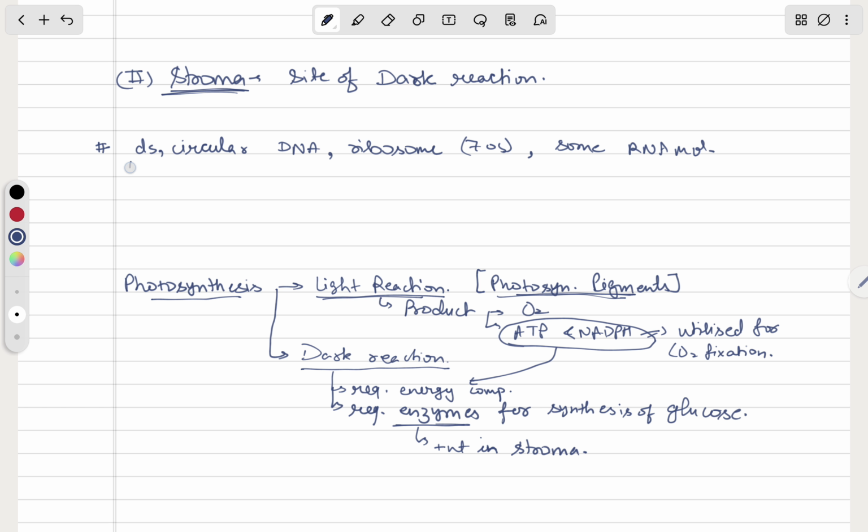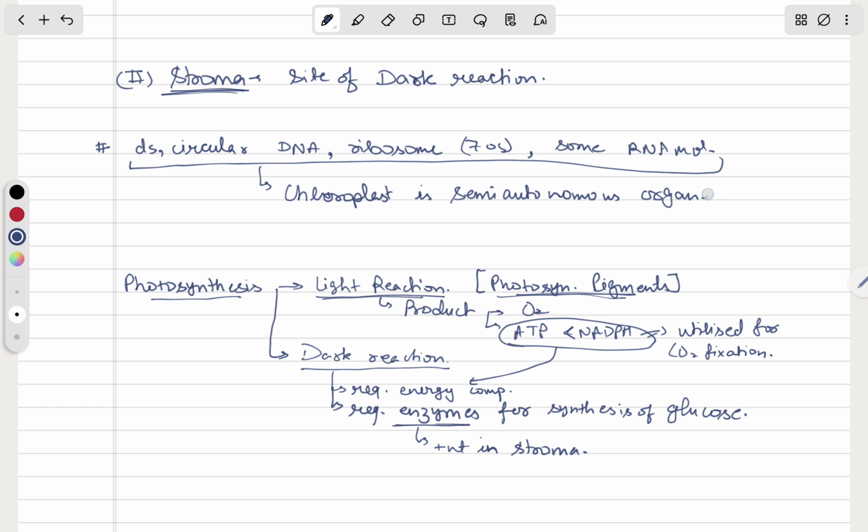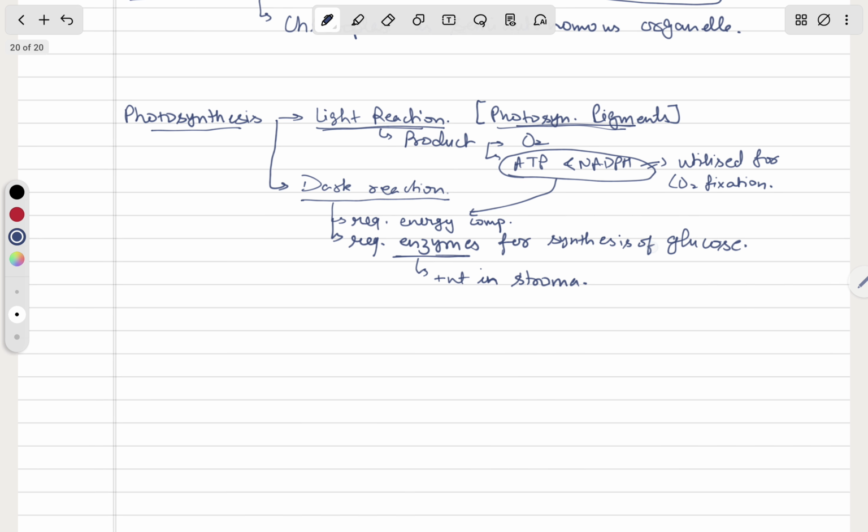Because of the presence of these components, we can say chloroplast is also a semi-autonomous organelle, right?